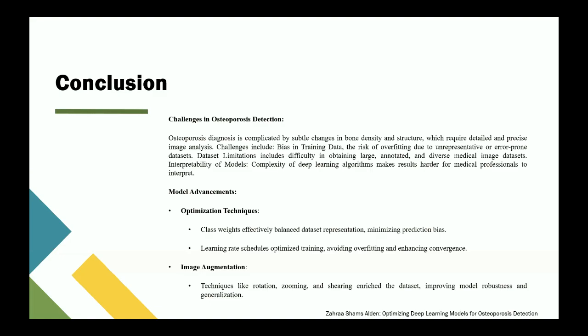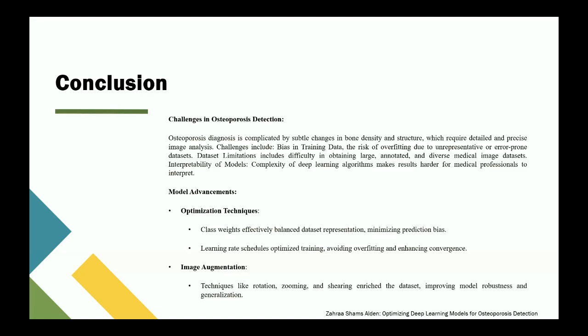Many of these challenges we have already expressed: the bias in training data, the risk of overfitting, and limited data, since there is no large dataset that is annotated and explained by medical professionals. So when we use our model, we need more interpretation of our deep learning model results for medical professionals to be able to use it in their medical centers.